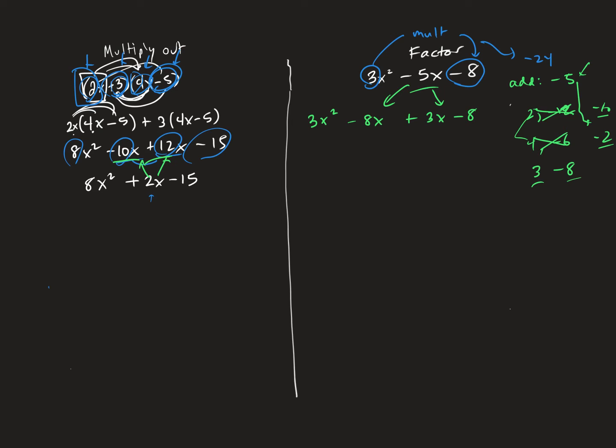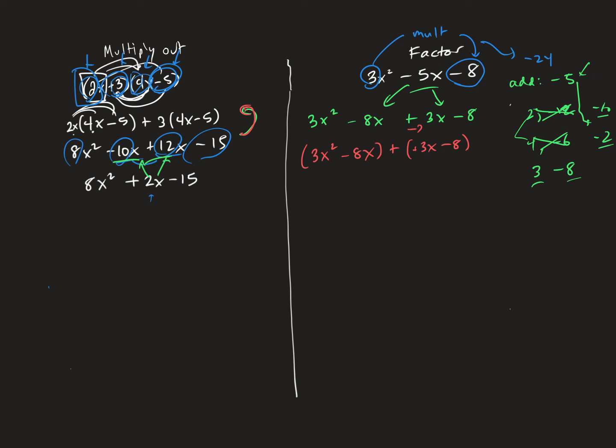All right, so now I want to do this step. Let me change colors. This step. Now, in order to do that, I'm going to group my first two terms together, put an addition in between, and then whatever sign was here goes with the number that was there, so that would be plus 3x.